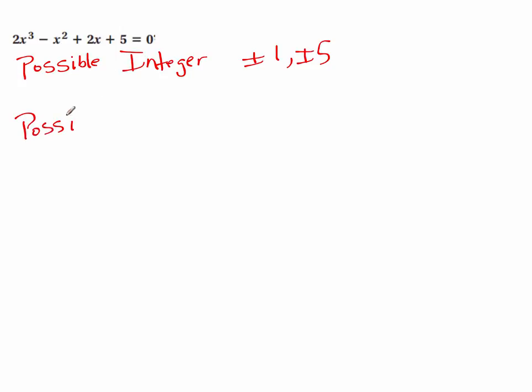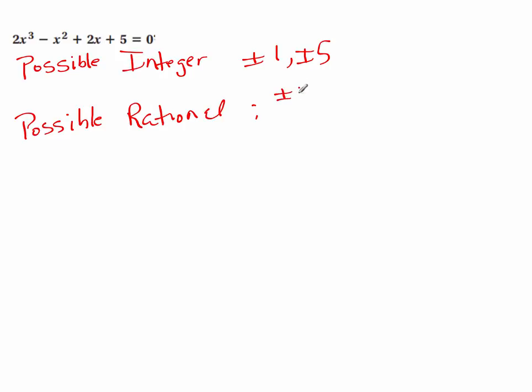So let's look at this polynomial right here. What are the possible integer roots? The possible integer roots are the factors of 5, so it's plus or minus 1 and plus or minus 5. Possible rational roots will be the factors of 5 divided by the factors of 2.